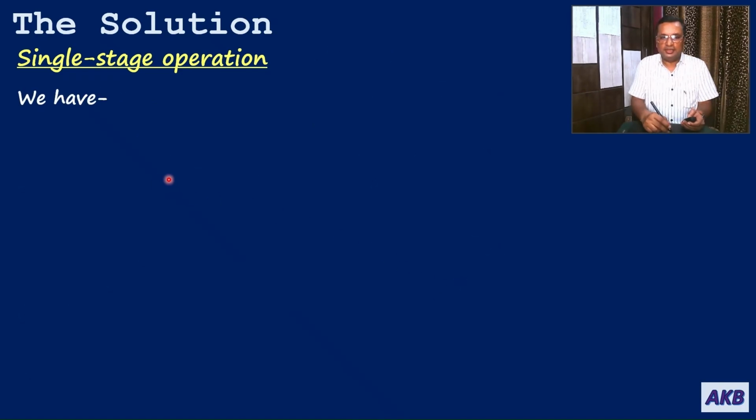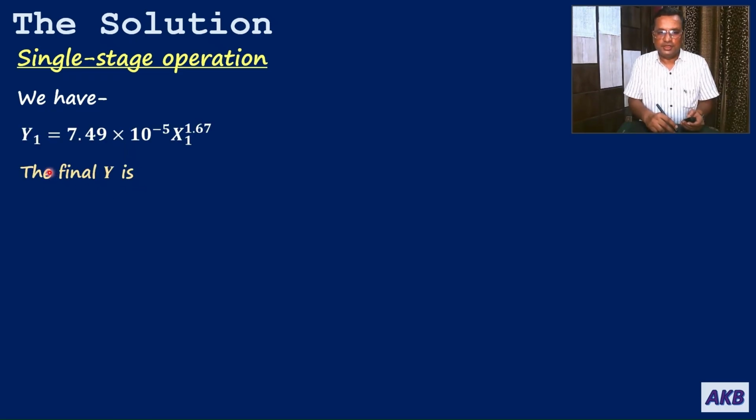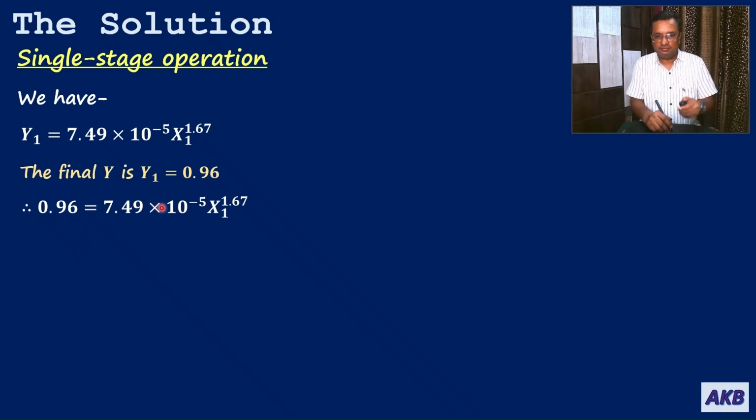So we are looking at the calculations for single stage operation. We got this equation, capital Y1 is equal to 7.49 into 10 to the power minus 5 into x1 raised to 1.67. Now the final y in this case, which we are going to get in one single stage operation, is 0.96, because it is 10% of the original value.